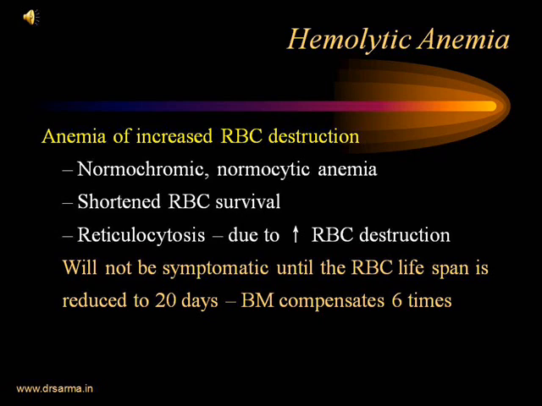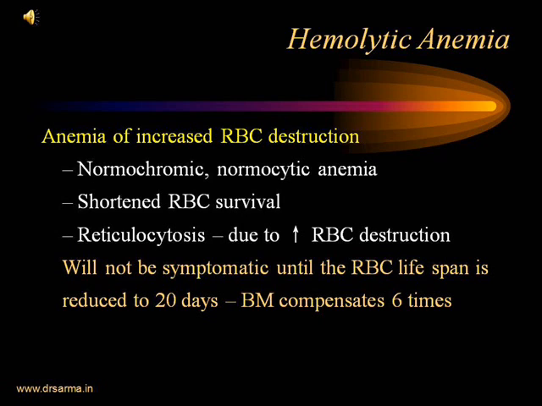So, with the discussions about microcytic hypochromic anemias, macrocytic megaloblastic and non-megaloblastic anemias, normocytic anemias, we have completed all the hypoproliferative anemias. Now we come to another group of anemias called hemolytic anemias, where the RBC's lifespan is reduced, their survival is reduced.